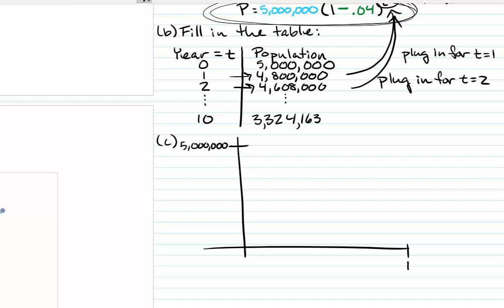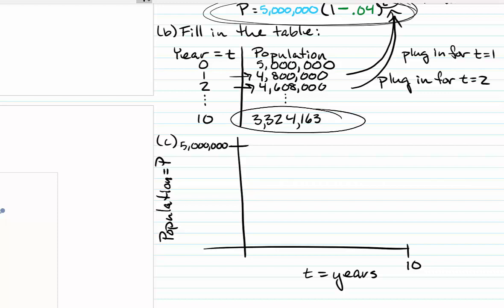So let's go all the way out to 10 years. So notice that T is on your horizontal axis. That should say years. And population is on your vertical axis, which is P. We always lay it out like that. Time always goes on the horizontal axis. P always goes on the vertical axis.